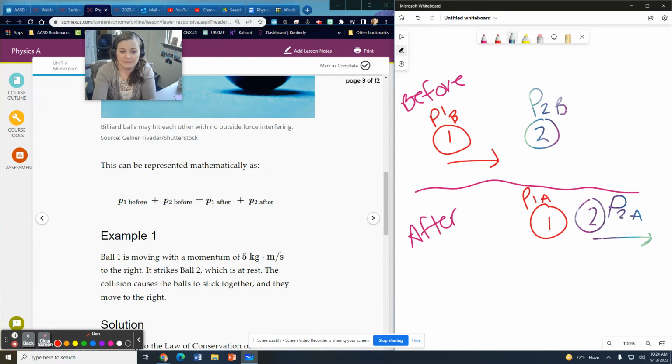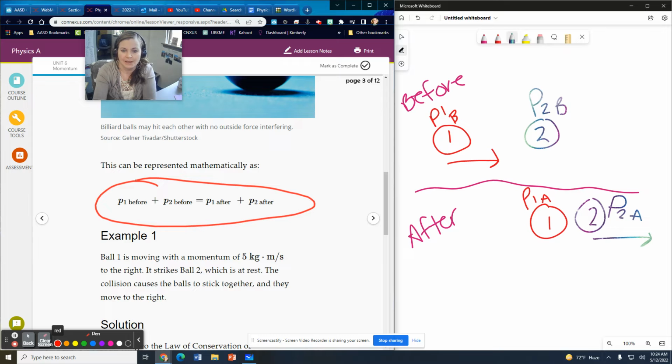So that's what this is all about right here. So P1 before plus P2 before, you're adding those two together, is equal to P1 after plus P2 after. They're equal to each other.